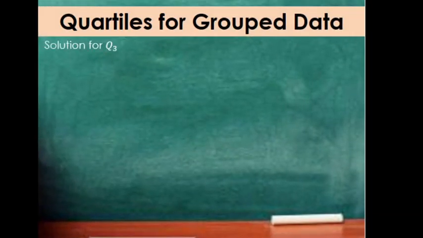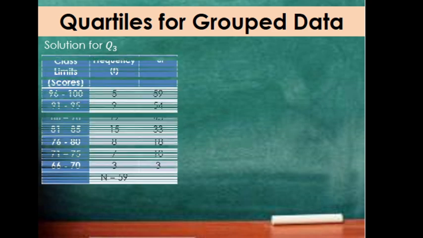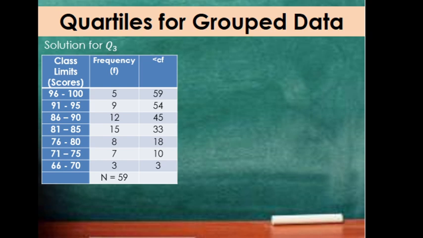Okay, next. The solution for quartile 3. So, ito din yung ating frequency distribution kanina, given na yung less than cumulative frequency. Ngayon, i-identify lang natin yung mga values or yung different components of the formula.